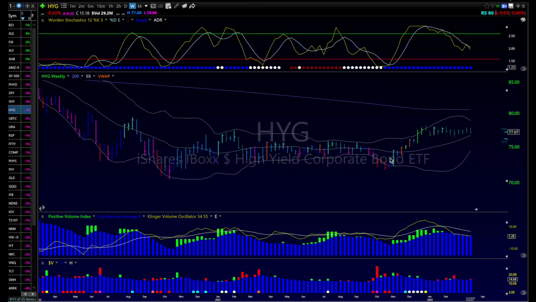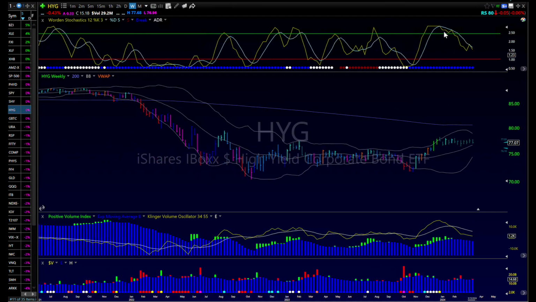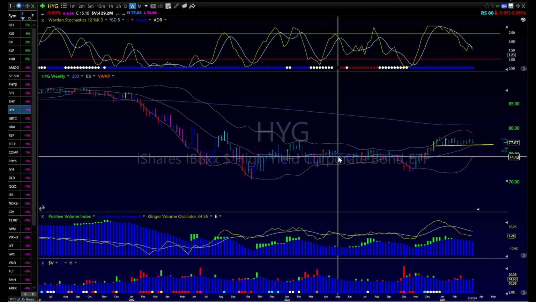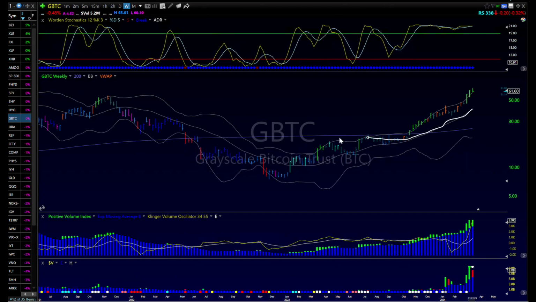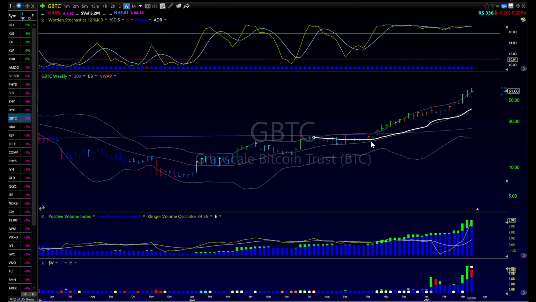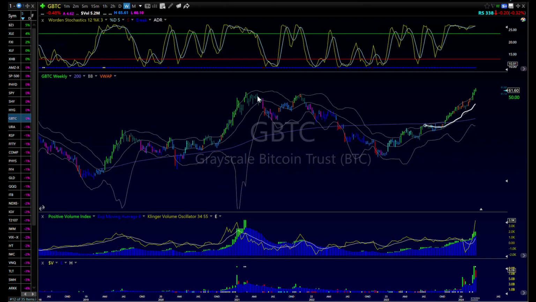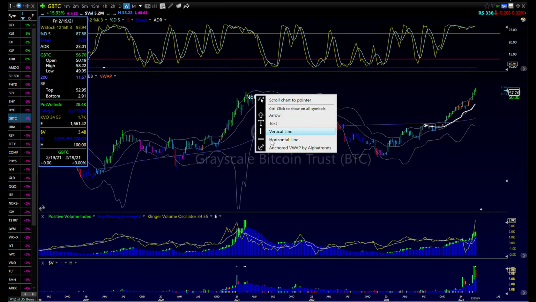High yield corporate debt, that's looking negative, kind of going sideways right here. Bitcoin still remains strong. Let's see, you're at all-time highs above them.